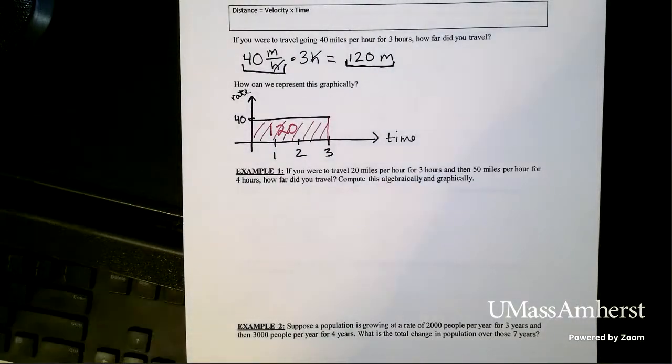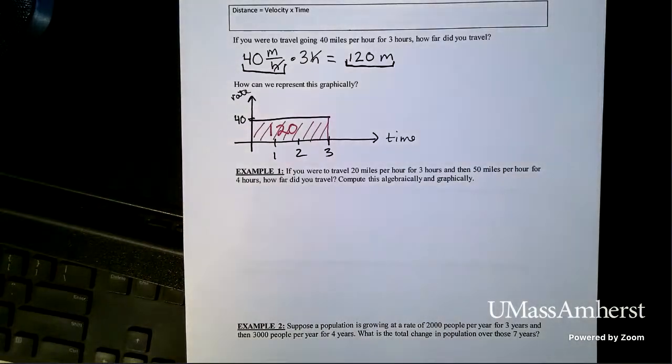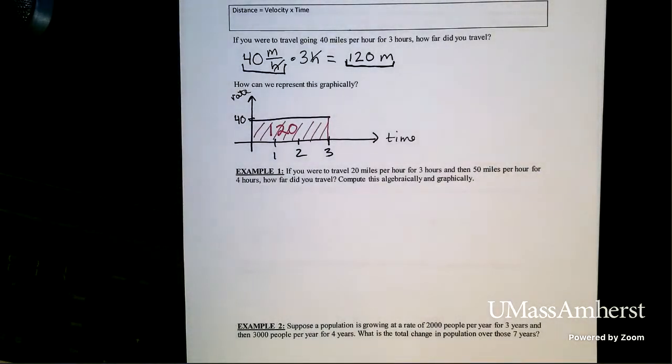So I want you to take 2 minutes. I want you to think about, now we have 2 legs of this trip. How do we get the total distance traveled? And how do we draw a picture to represent that?